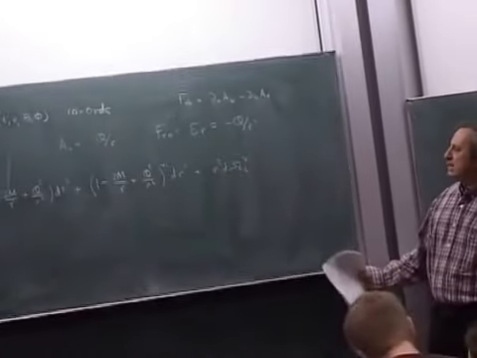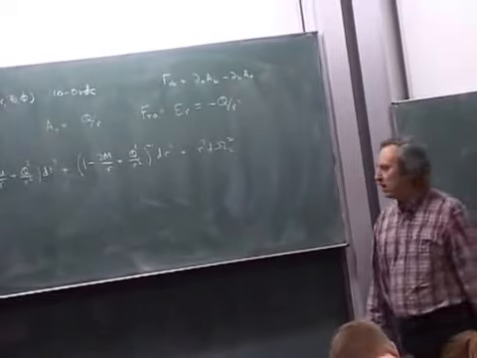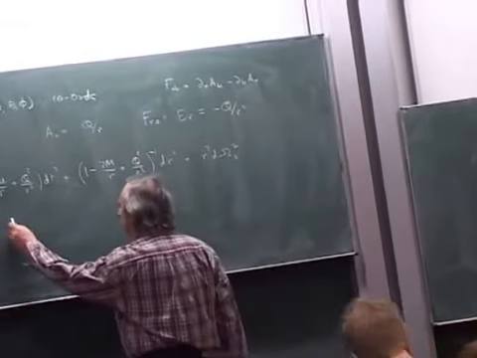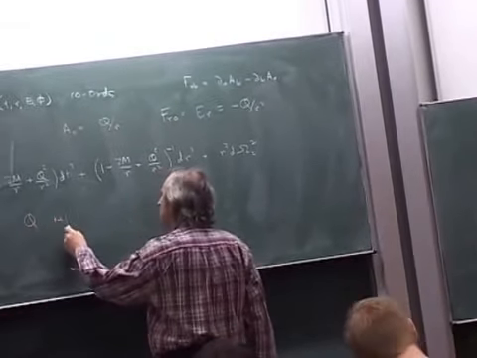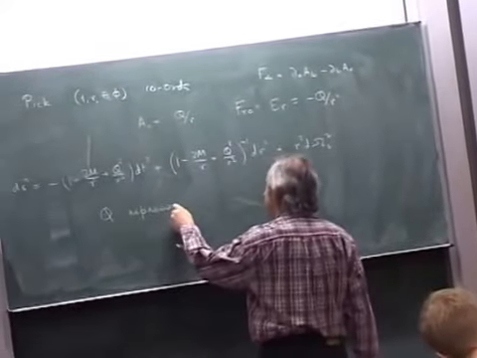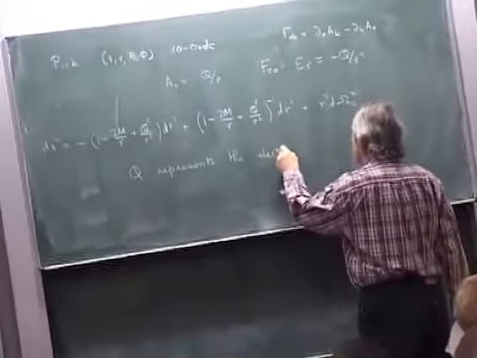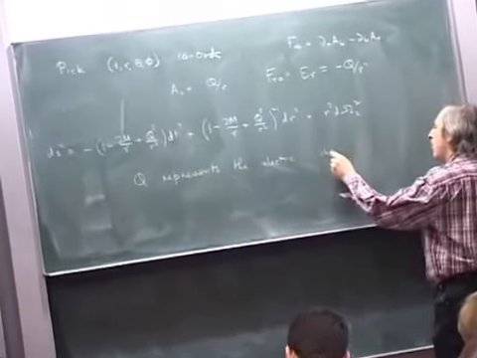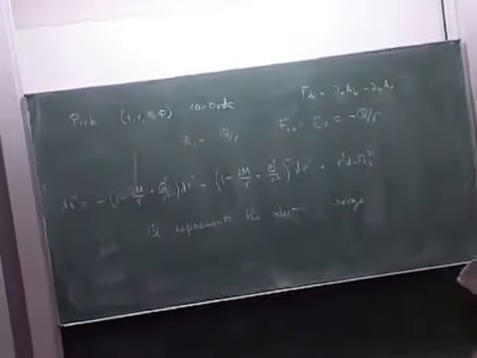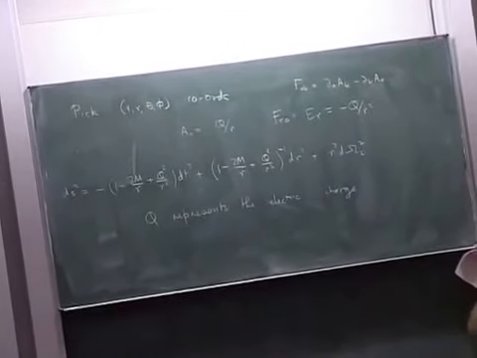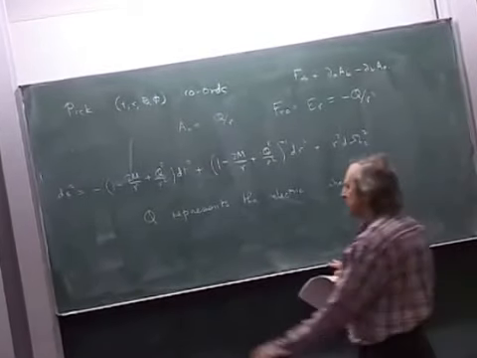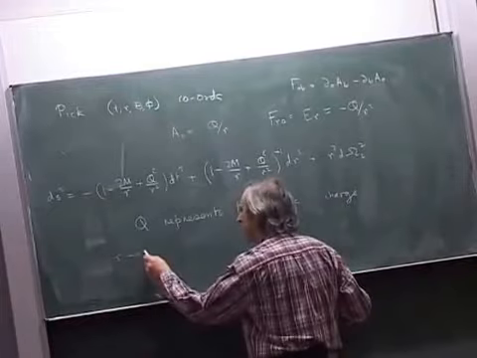So Q really does represent the electric charge of some isolated object. You'll notice that as r goes to infinity, this thing just tends to the Schwarzschild metric.